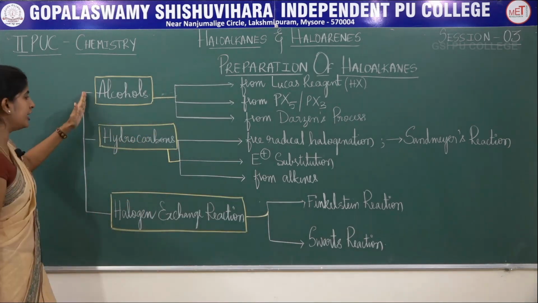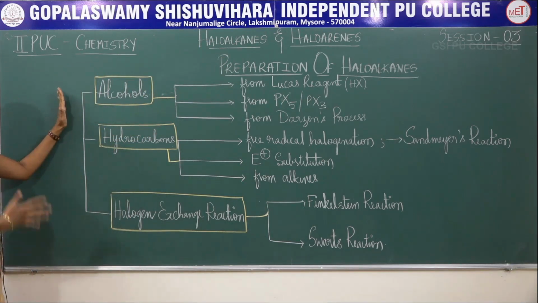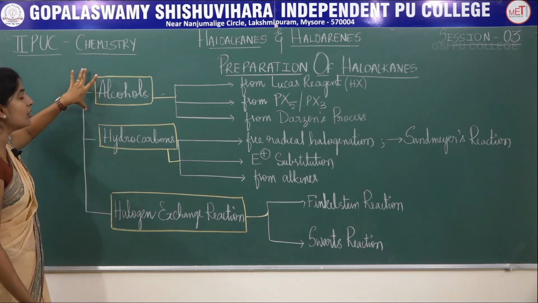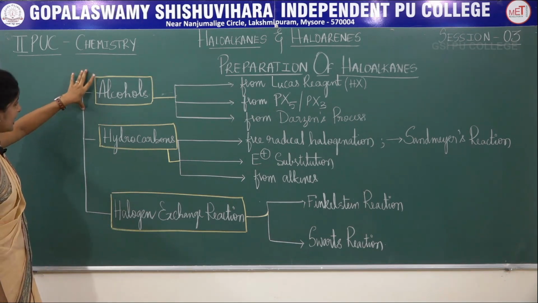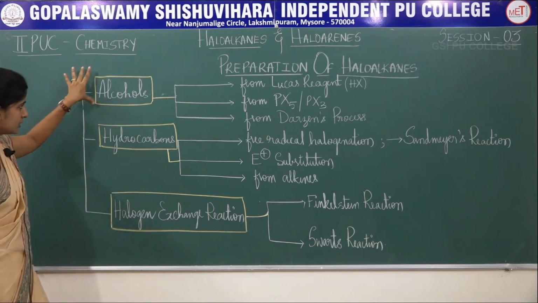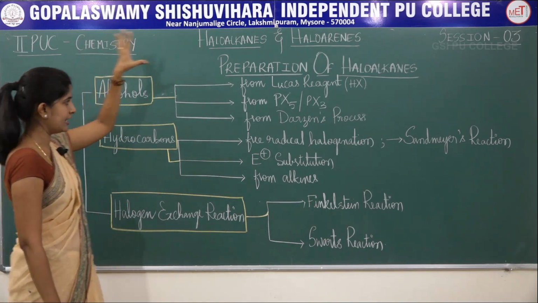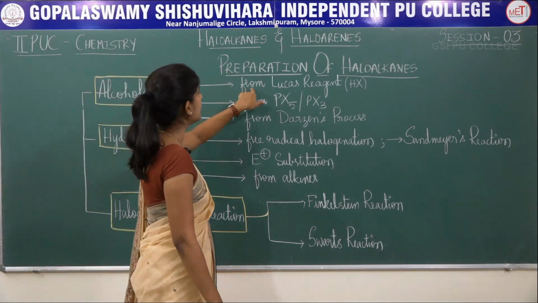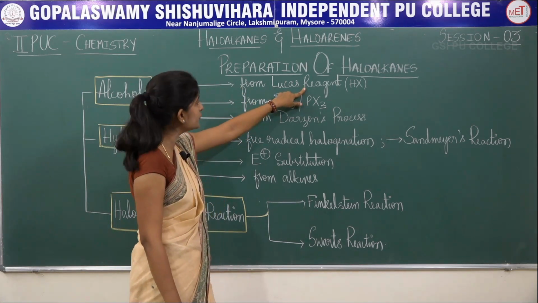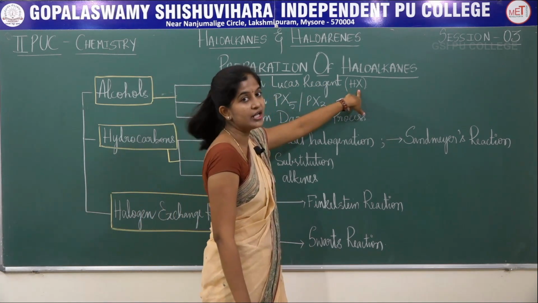As I have already told you, preparation of haloalkanes is majorly from 3 types of compounds or reactions. The first one is from alcohols. Alcohol is the starting material from which you can get haloalkanes. There are 3 methods in which you can react alcohols and get haloalkanes. The first one is the Lucas reagent, also called Groove's process, wherein you use HCl or HX as your reagent.